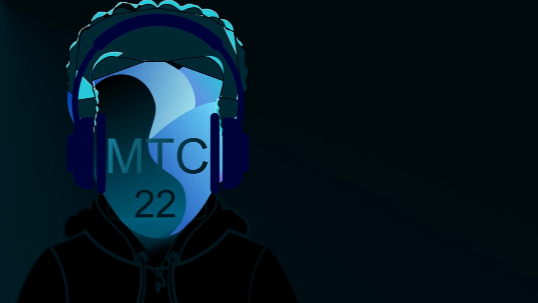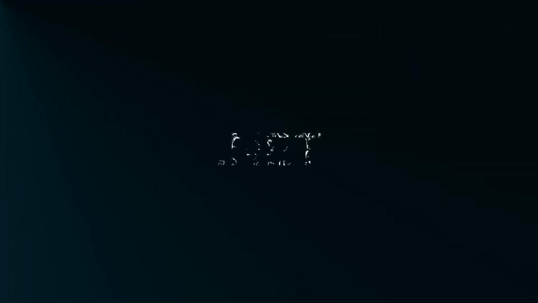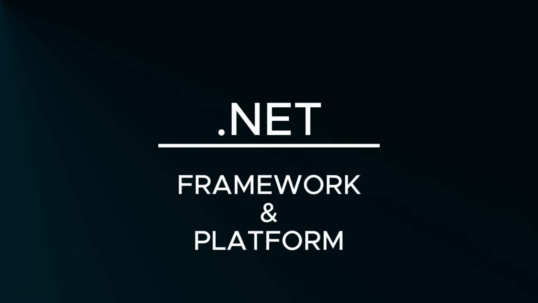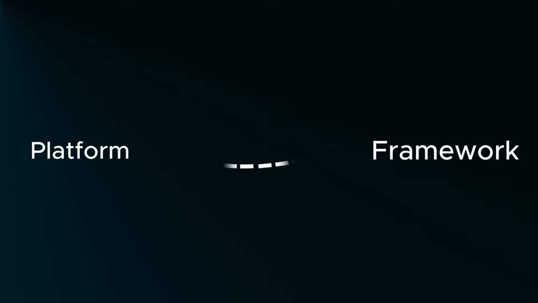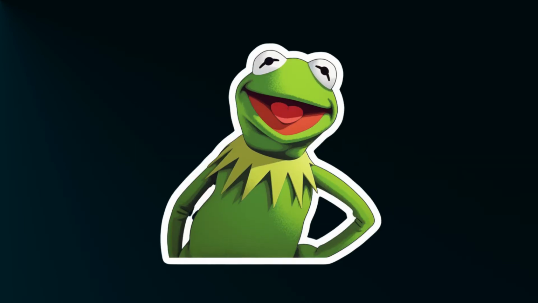Then there's a thing of platform versus framework. Now, .NET was referred to as a framework and a platform. So here the question was, which is which? Well, it turns out that both, apparently. And there's a statement that can clarify that.